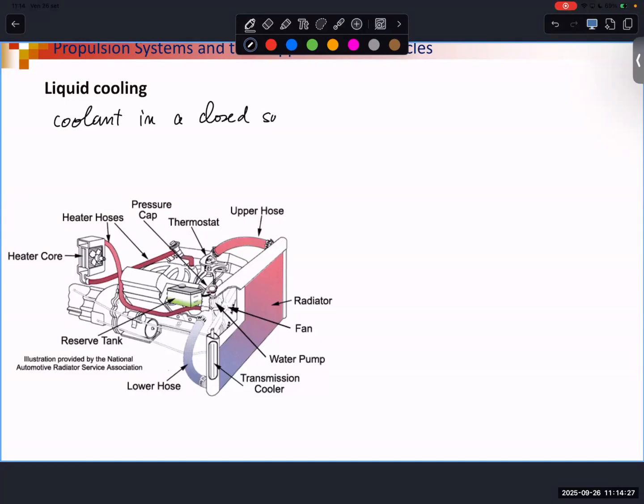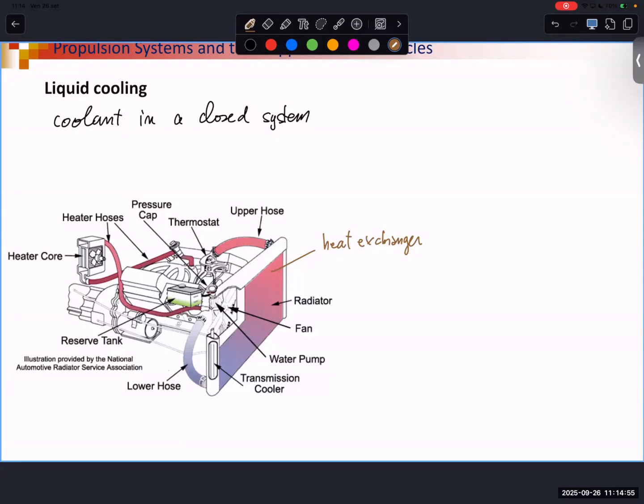There is a closed system with a dedicated heat exchanger that is called radiator. There is a pump, there is a fan. Anyway, the air is used to cool down the coolant, but here we use the coolant to maintain the temperature of the metal part below a certain threshold.